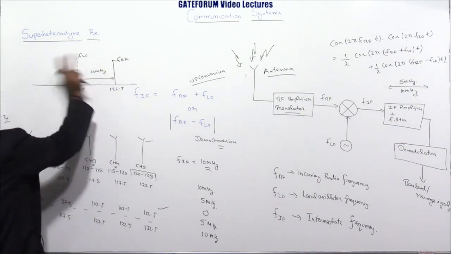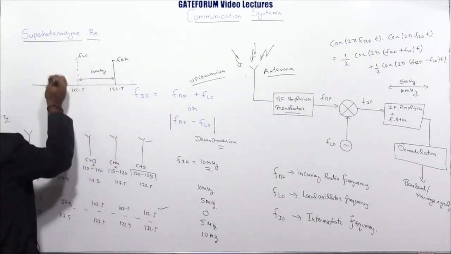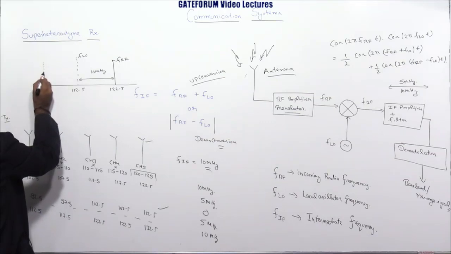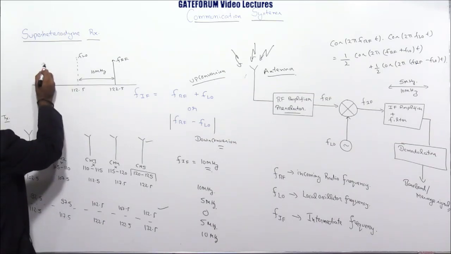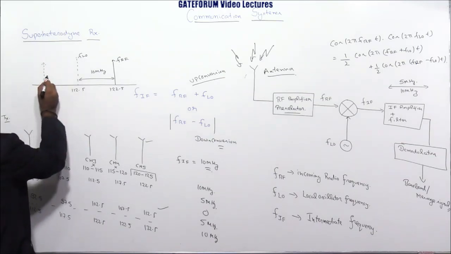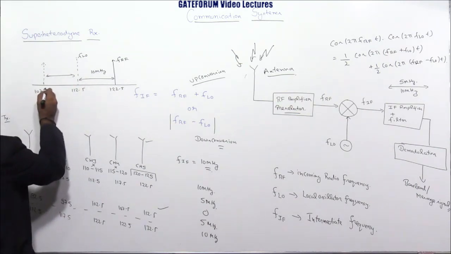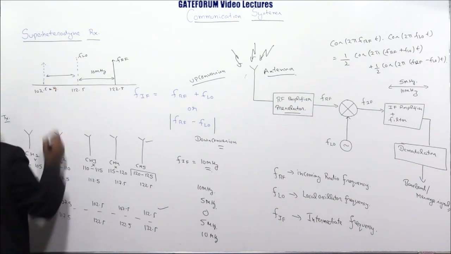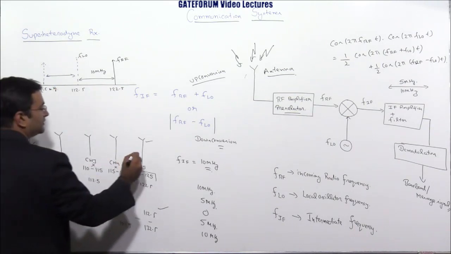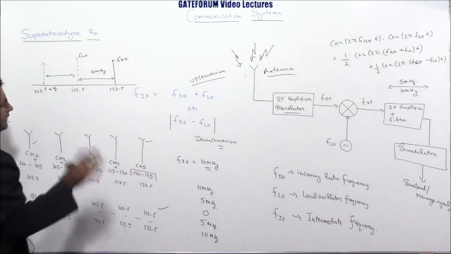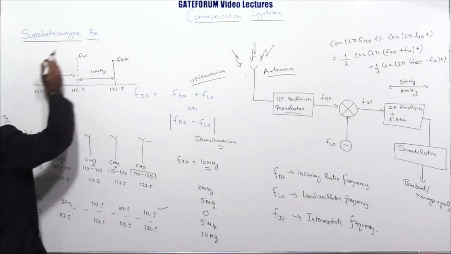Now if I see the image of this, it will fall again 10 megahertz away from here, and that will come at 102.5 megahertz. Now you see, this channel 1 is an image for channel 5. Vice versa is also true. If this is the actual one, then the image will fall here.